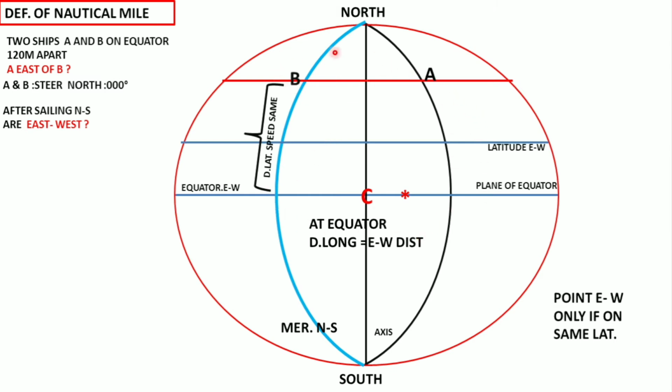From 120, it has become less. So, when we say that they started sailing from a particular latitude and they are still east and west, that means the distance covered by them is the same. The d-lat made by them is the same. But the east-west distance has changed from the equator to the latitude they have reached.